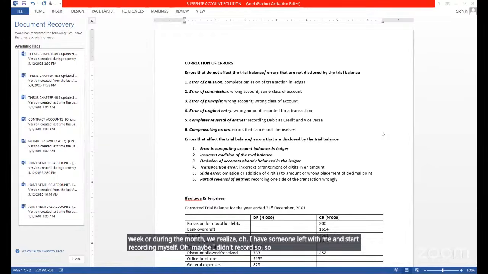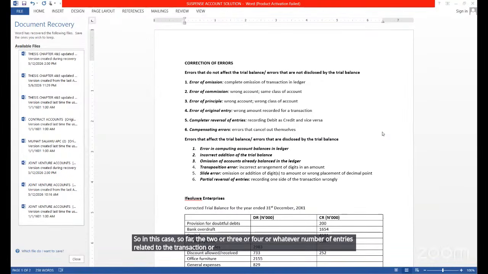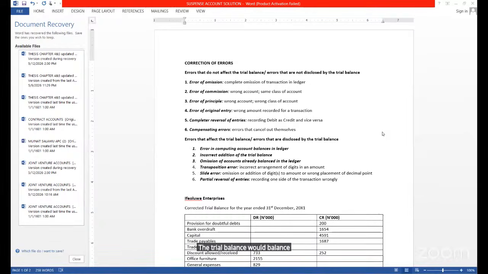Oh, let me take note of it. So in this case, the two or three or four or whatever number of entries related to the transaction or transactions that were omitted do not appear in the ledger, the trial balance would balance. It would balance. The error would not be disclosed by the trial balance.